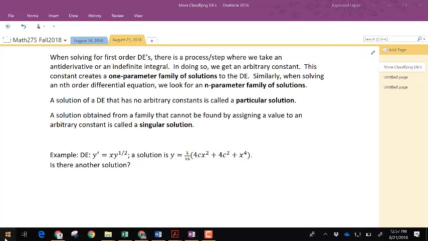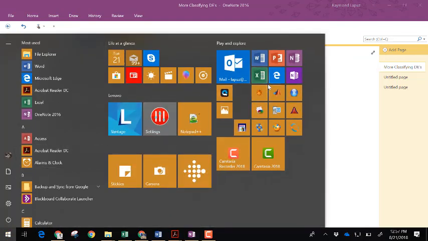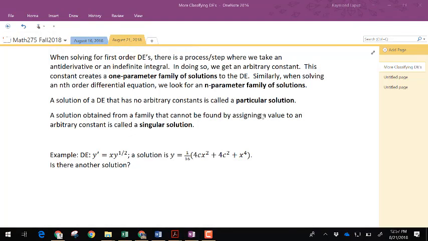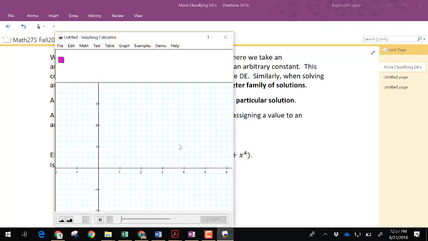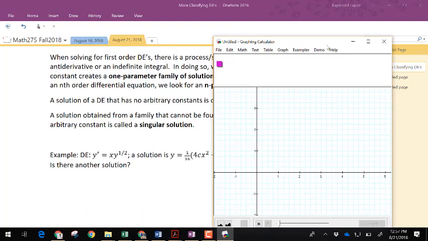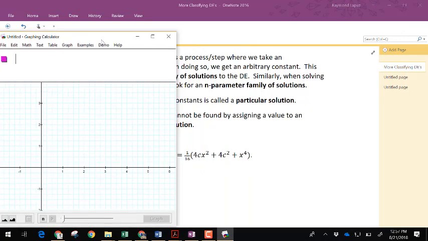Let's see if we can graph it. So y is equal to 1 over 16 times c times x squared plus 4c squared plus x to the fourth.